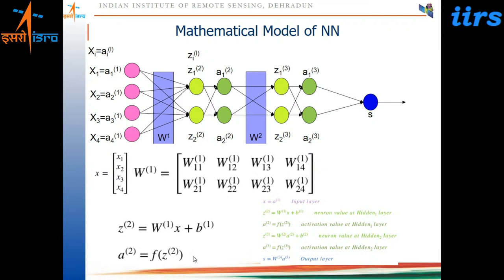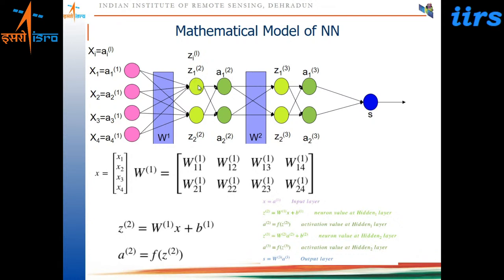In this formula, W represents the weights provided, the transfer of weight between the input and the first hidden layer.